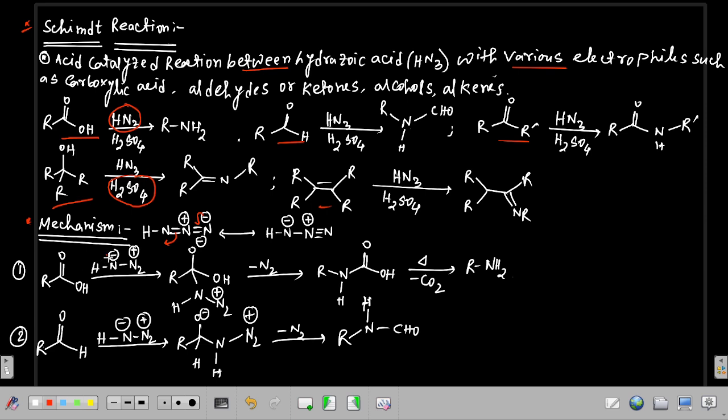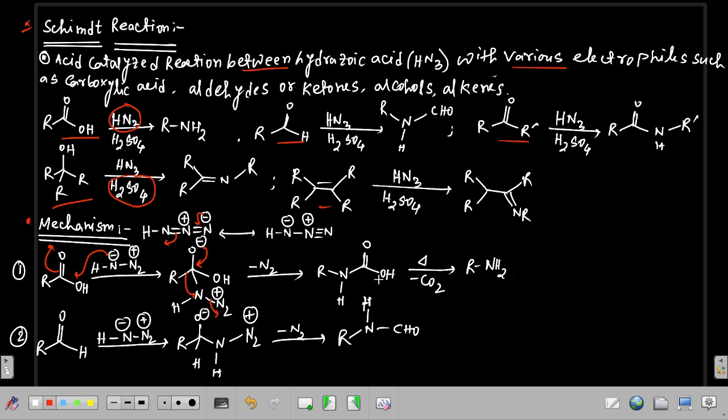In case of carboxylic acid, this anion will attack on this carbonyl carbon, so it leads to the formation of this O minus, and then this O minus will push back the minus charge, this bond will break and shift to this nitrogen, and it leads to the removal of nitrogen.